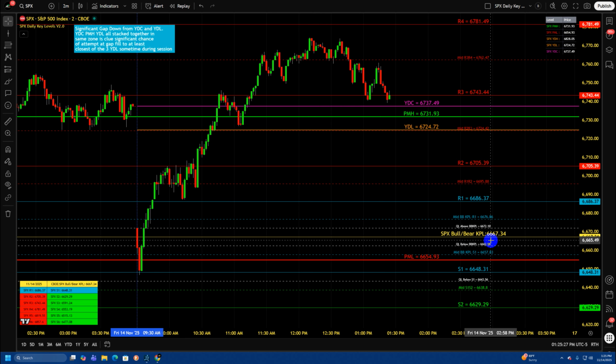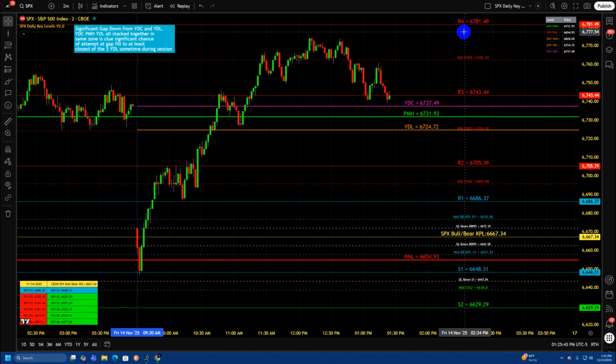The other main key levels on this indicator are the R1 through R6 levels above the bull bear KPL and the S1 through S6 levels below the bull bear KPL, which you can see here in this table display.